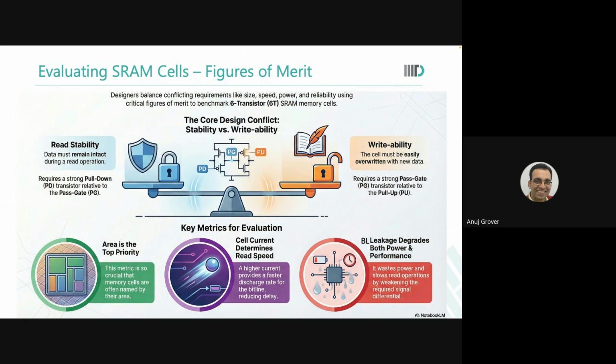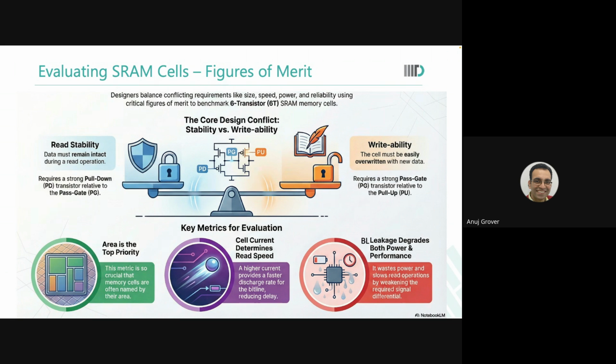Now, bit line leakage delays creation of that differential. Because now it is not just about the discharge rate, it is also about the rate at which the other bit line is also leaking. The more the leakage, the slower the differential creation. The discharge rate may still be high, but the differential creation slows down. So it is a performance figure of merit.